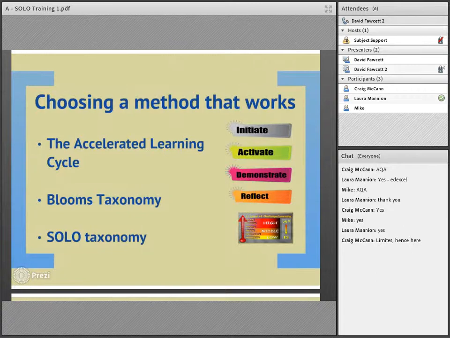Just a bit of background information before we go, so you understand why I'm talking so much about SOLO tonight. We've worked through a number of different models, Bloom's, the accelerated learning cycle, but now we've found SOLO taxonomy, and for the last 2.5 years, maybe 3 years, we've been working through SOLO in the way that we deliver our lessons.